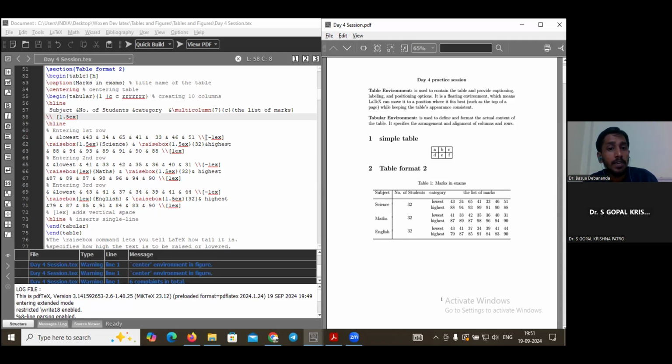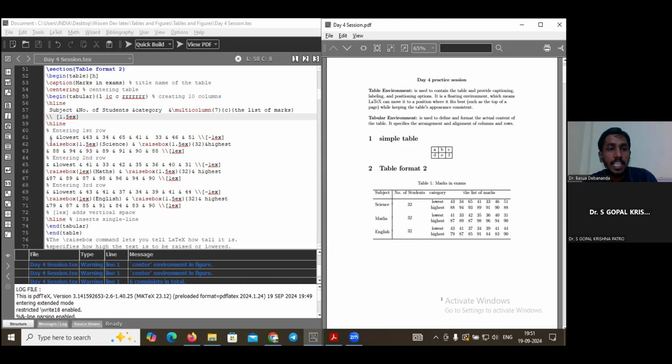Now again I have written something in this square bracket: minus 1ex. This is the height I want. If you want height, positive means above, like 1.5. If you want it below, you can write negative numbers.